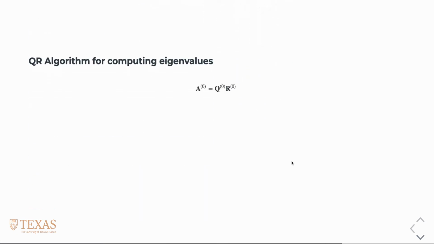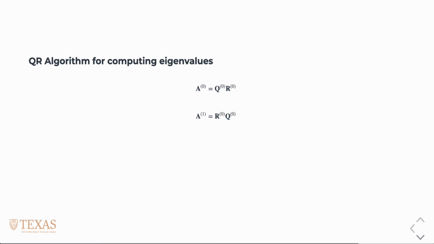So we can use this QR method for computing the eigenvalues of a matrix, and in fact, computing them all at once. It's kind of scary how simple this algorithm is, because what we're going to do is a QR factorization of A, and then simply reverse the factors and multiply them together.